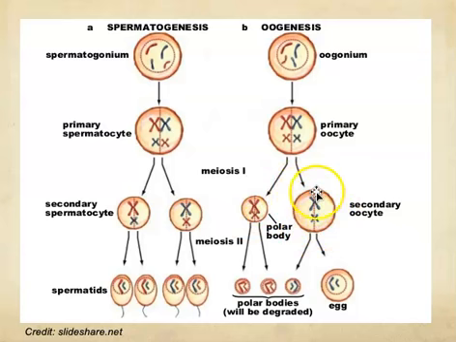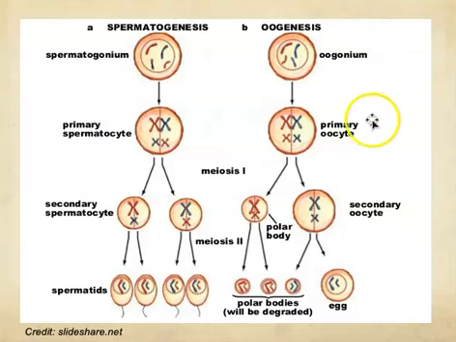So this will go on into meiosis 2 and create again one viable daughter and one non-viable daughter, another polar body.